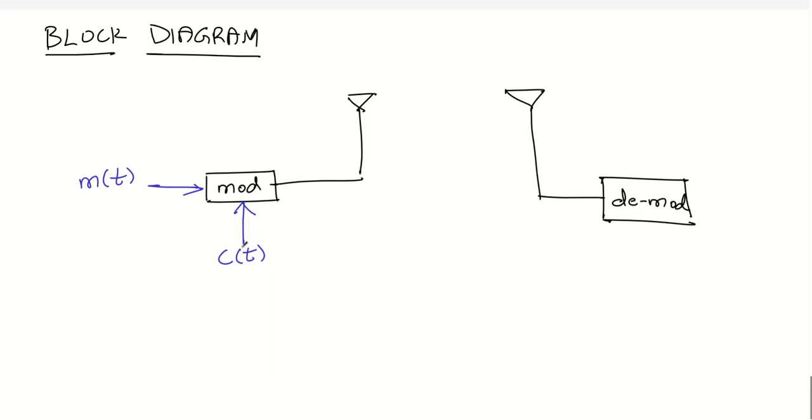These two are modulated by the modulator, and then the modulated signal S of t is produced, and this modulated signal S of t is transmitted into the channel. In this case, we are using air, free space, as a channel, and here at the input of the demodulator, S of t is present, and at the output of the demodulator, we get back our message signal M of t.